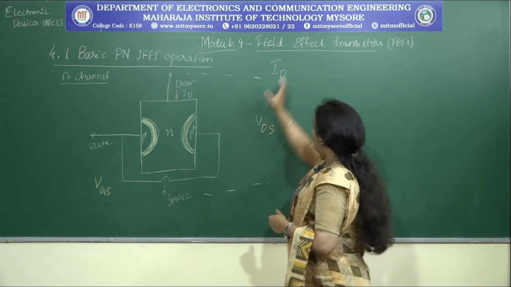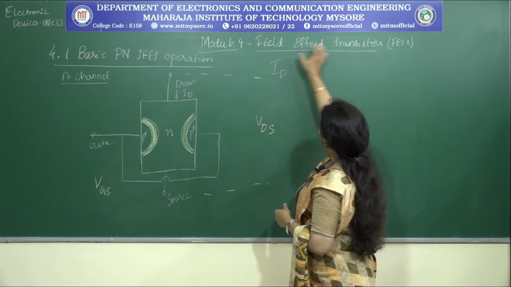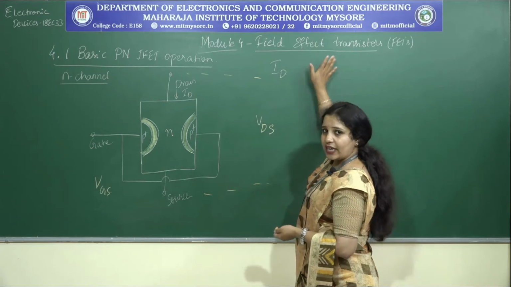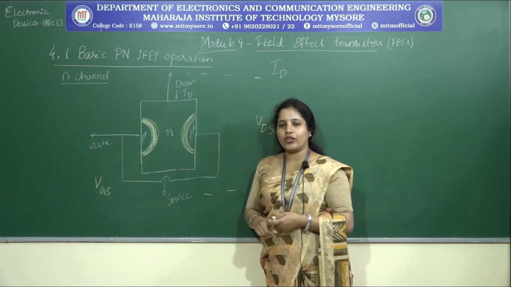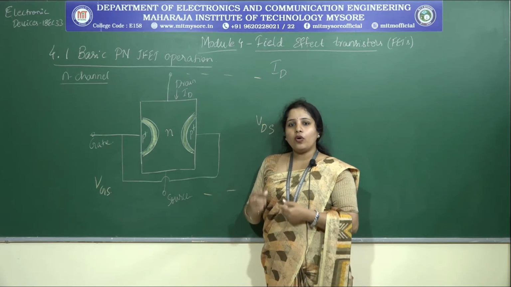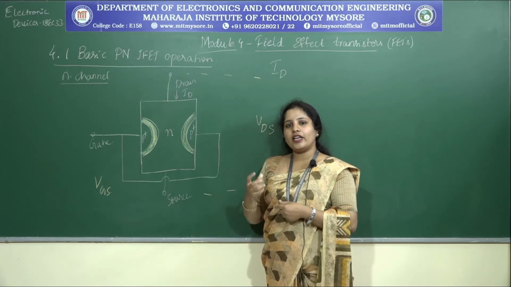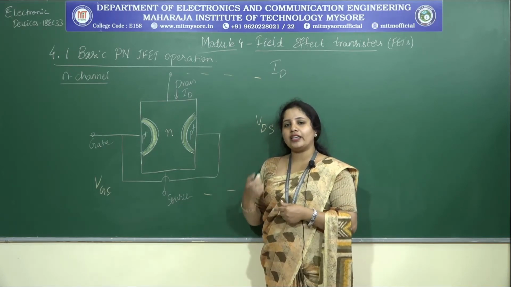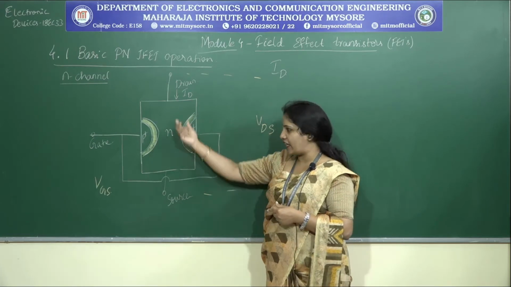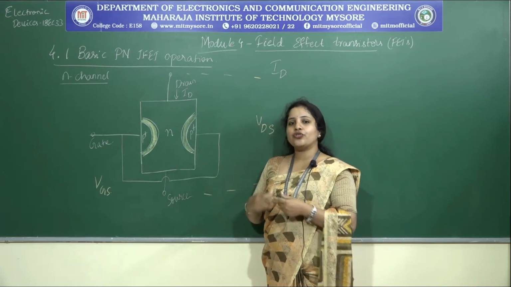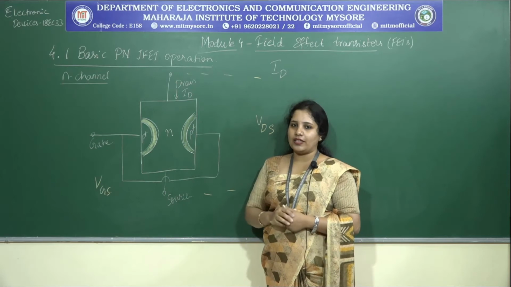First, let me explain the meaning of field effect transistors. This indicates that it is a kind of transistor wherein a certain electric field is generated within the channel region that alters the behavior of the device.